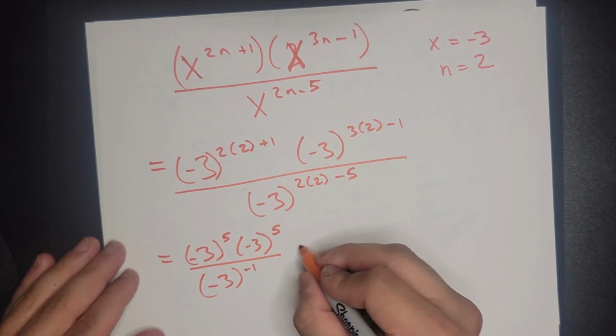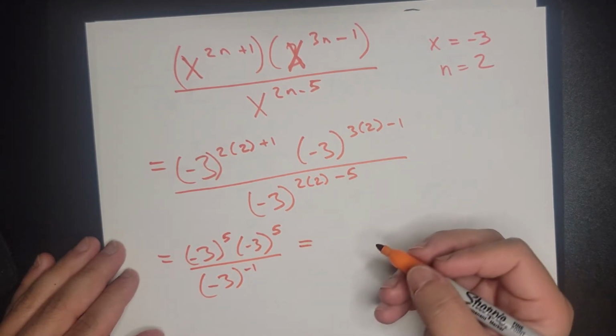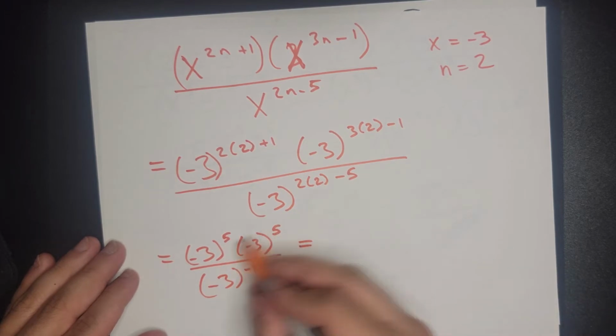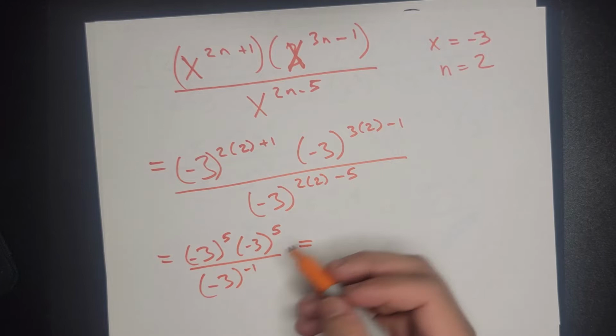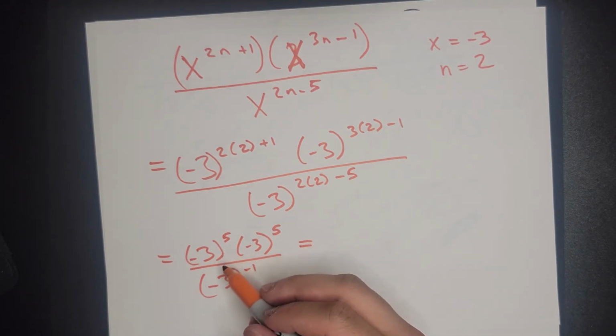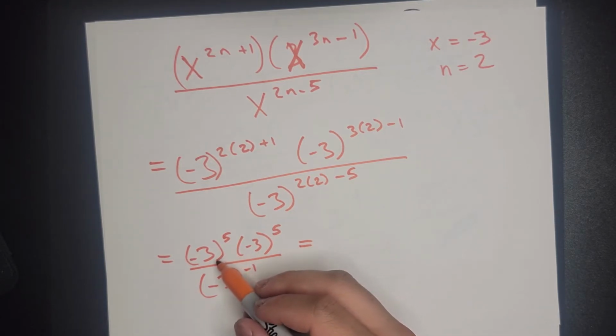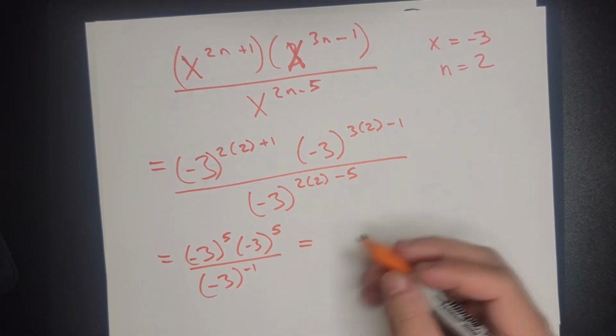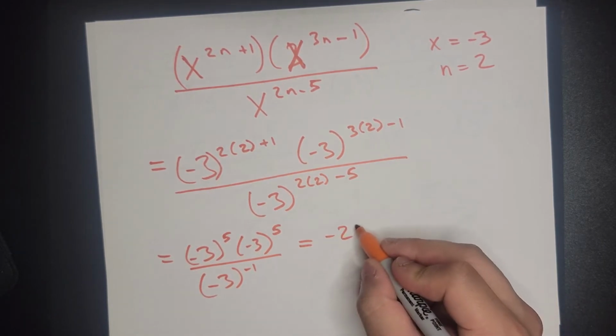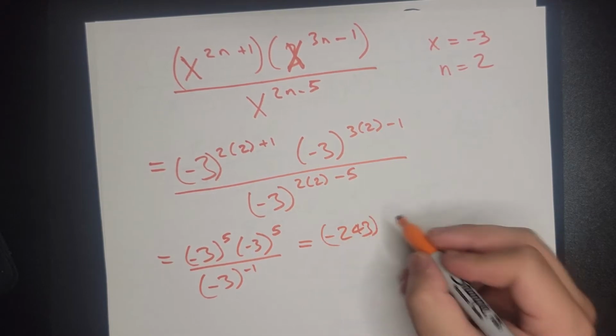So now I can add the exponents, or I can actually evaluate this. 3 times 3 times 3 times 3 times 3, I don't know how many times I said it, but that's negative 243.